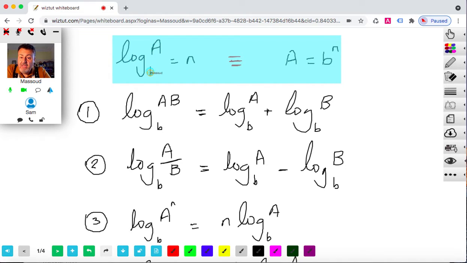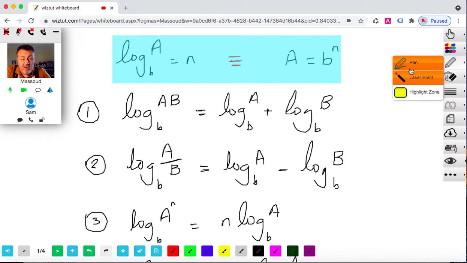And log of a to the base b, if it's equal to an answer, that is equivalent to an exponential, and this exponential is related to each other in this way: a, which was the subject of the log, is equal to the base of the log to the power, which is the answer of the function of log working on a.